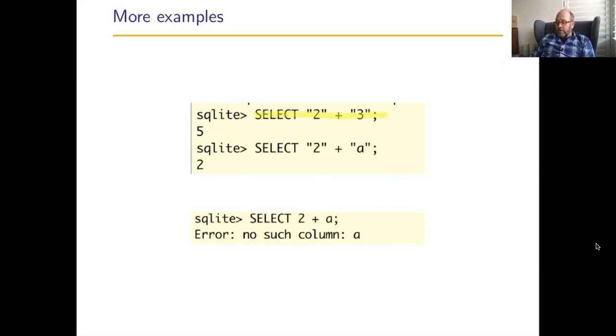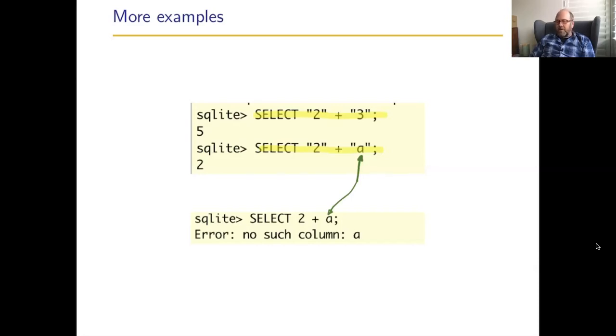What about select 2 plus A? I want to emphasize here that when I say A, this is the literal string value A, a string with one character whose value is A. It's not A without quotes, because A without quotes would be treated as a column name, and SQL will correctly say no such column.